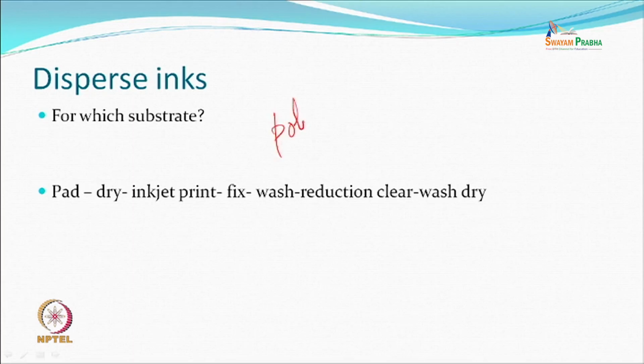Generally, theoretically you can print all the synthetic fibers and there will be some affinity for this. So the process is pad, dry, inkjet print, fix, wash, reduction clear, wash and dry.